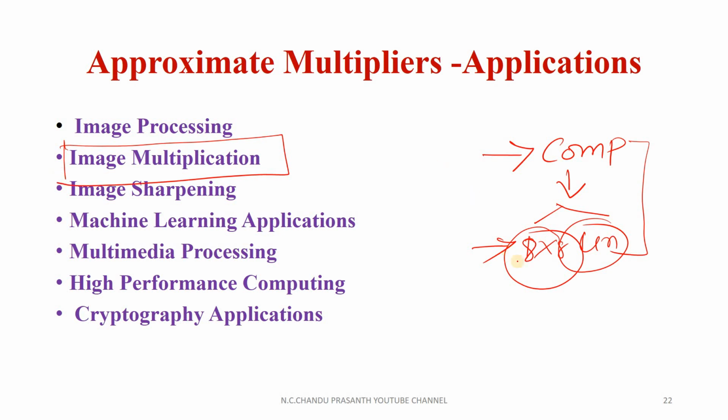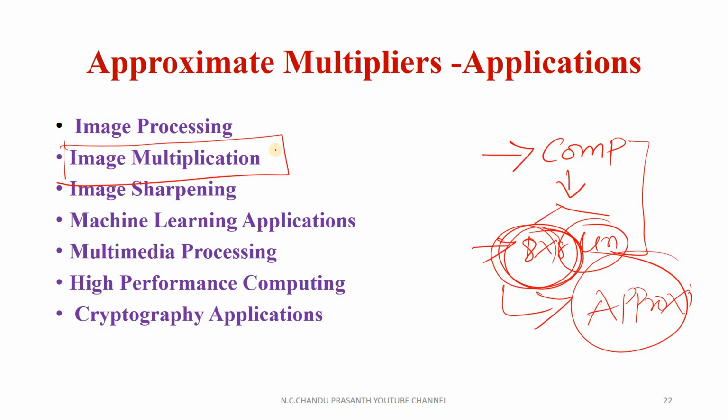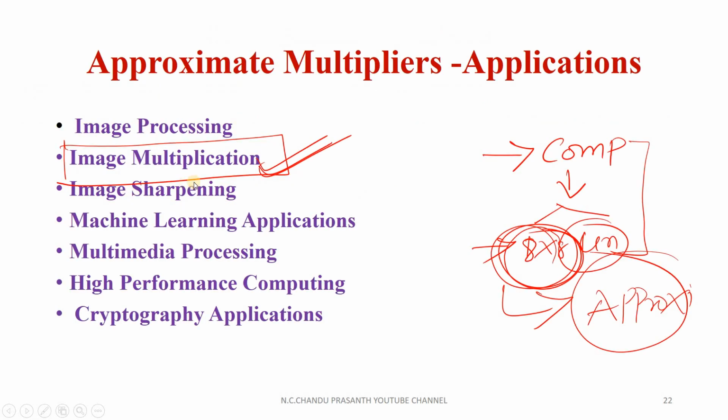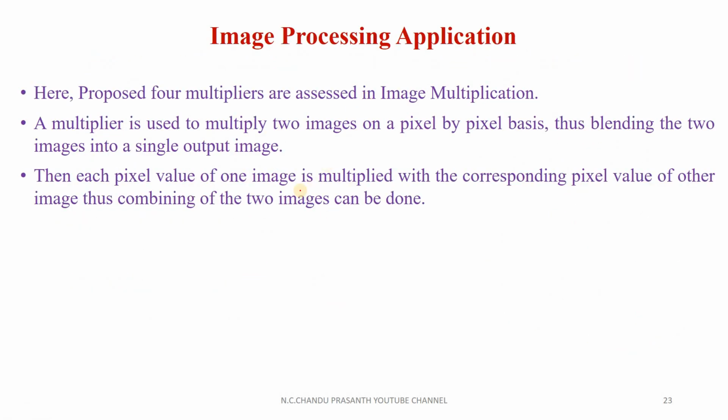I designed the 8x8 unsigned multiplier using our approximate compressor designs, and now I am using these multipliers in image multiplication to verify the accuracy of our multiplier designs. See here, the image processing application, a simple example: image multiplication.